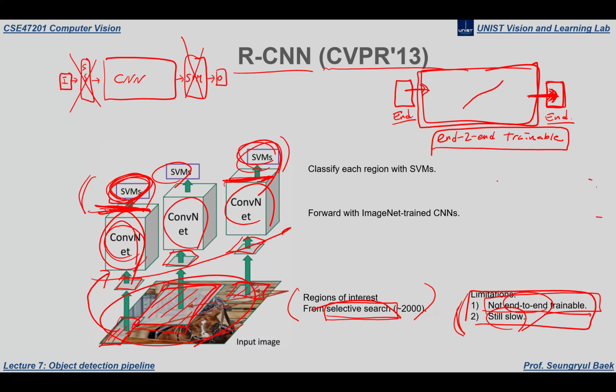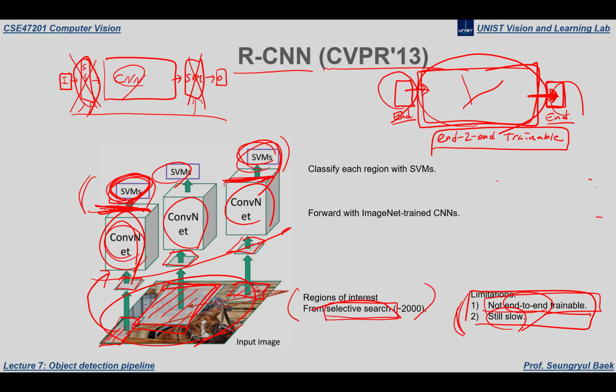If we have an end-to-end trainable architecture, then all the parameters can be updated to optimally map this input to the output. However, if there are other components like this, outside the CNN architecture, we cannot learn them when training the CNNs. So in that sense, this becomes suboptimal.